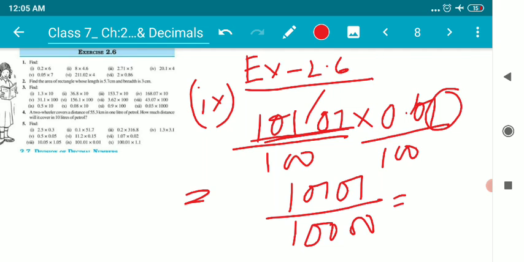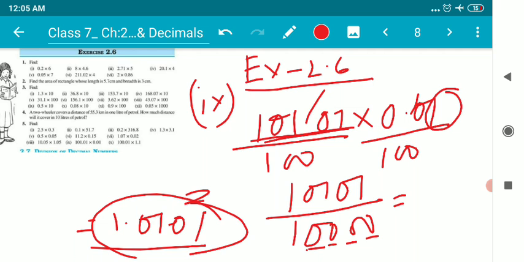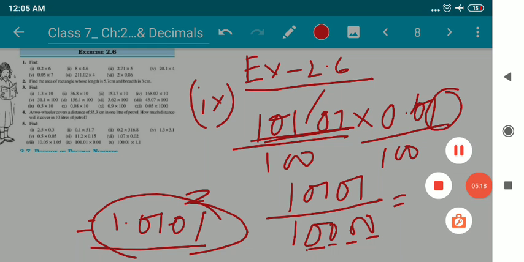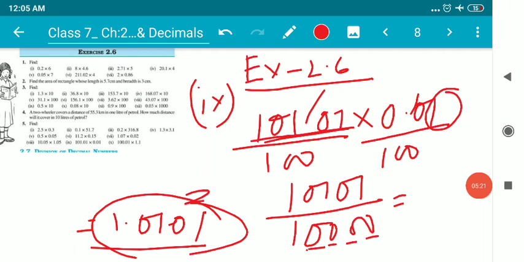Okay. So now children, how many zeros are there? 1, 2, 3, 4. 4 zeros in the denominator, so the point will come before 4 digits from the right hand side in the numerator. So the answer will be 1.0101. That is our answer. I believe it's clear to everybody.